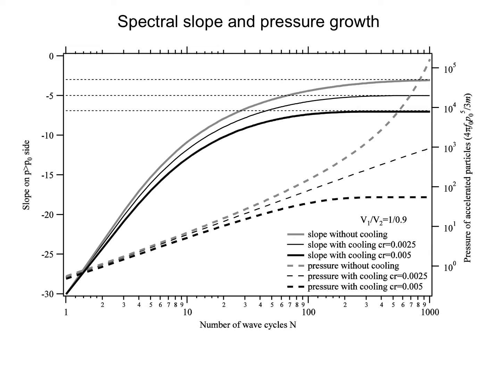The pressure of these accelerated particles will build up quickly if the acceleration is strong. And eventually, the energies or the pressures will go above the solar wind pressure, and then that could have a dynamic effect on the plasma turbulence.